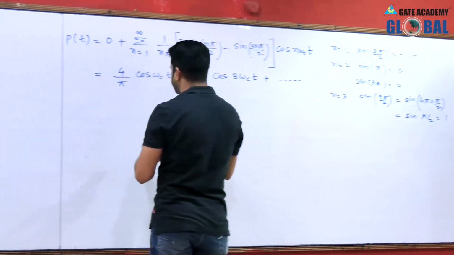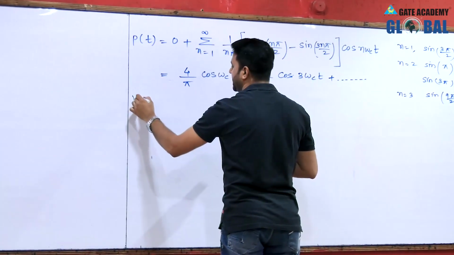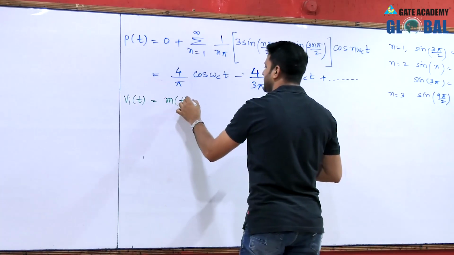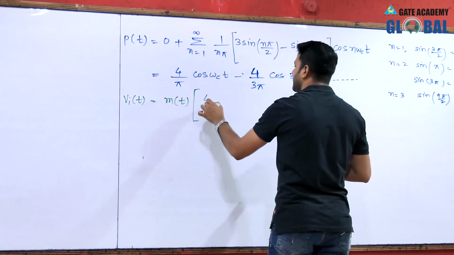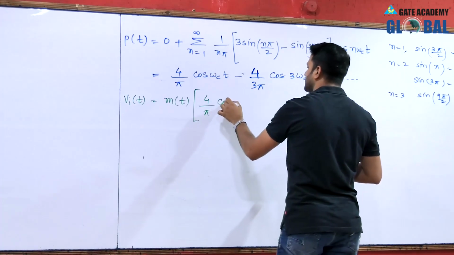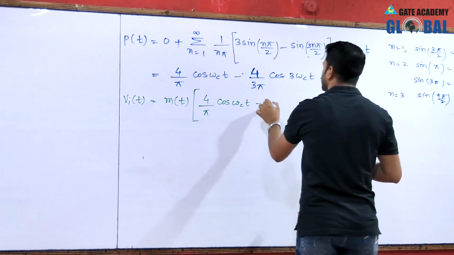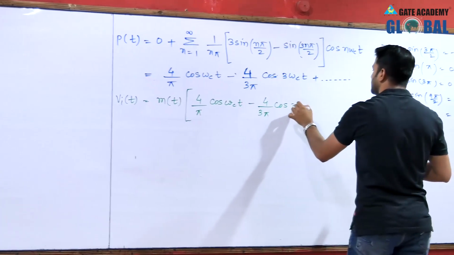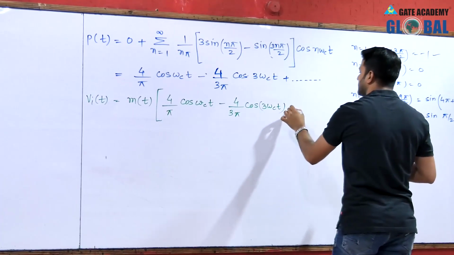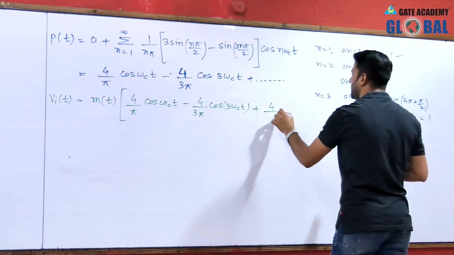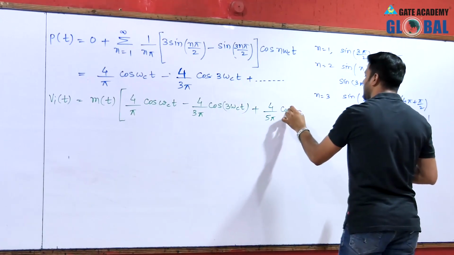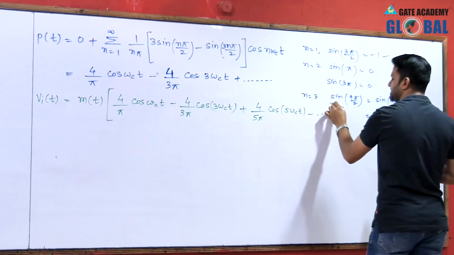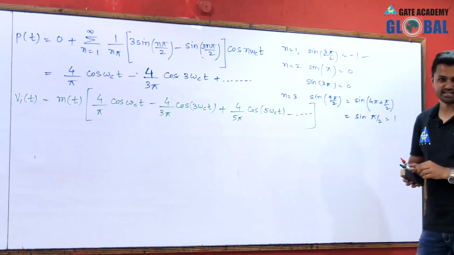Now we multiply it by Mt to get Vit: Mt times 4 by pi cos omega ct minus 4 by 3 pi cos 3 omega ct plus 4 by 5 pi cos 5 omega ct and so on. You will get the result like this.